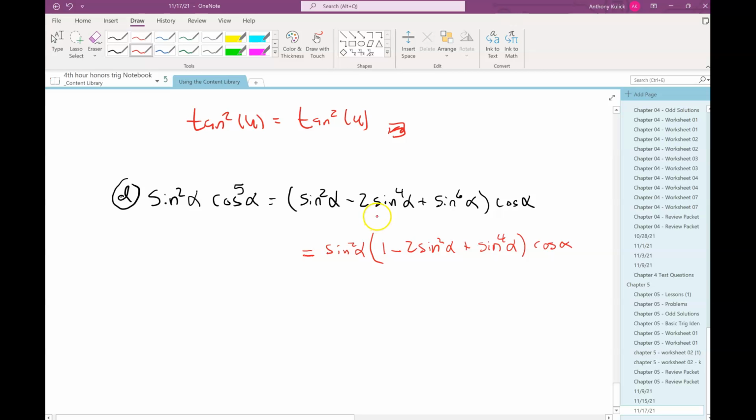No. What you could do is say 1 minus sine squared minus sine squared plus sine to the fourth. You could do that and then turn this chunk into a cosine squared. You guys think that's a good idea? It's okay.